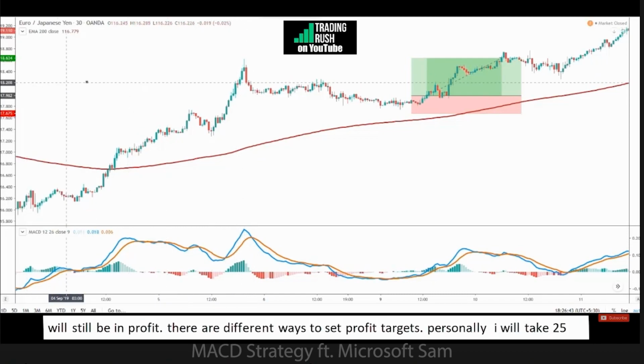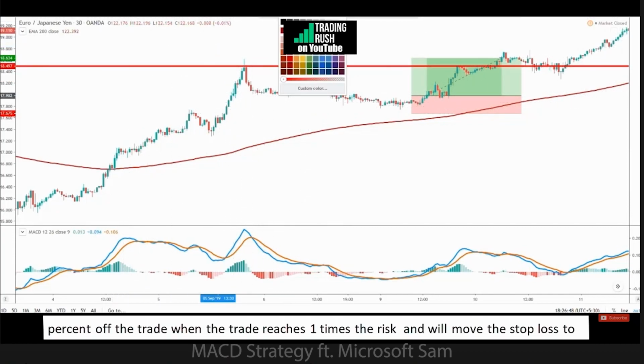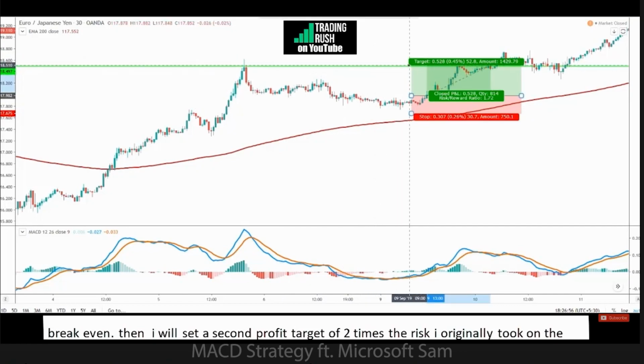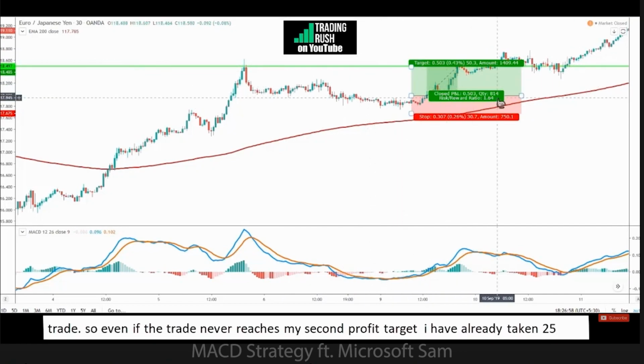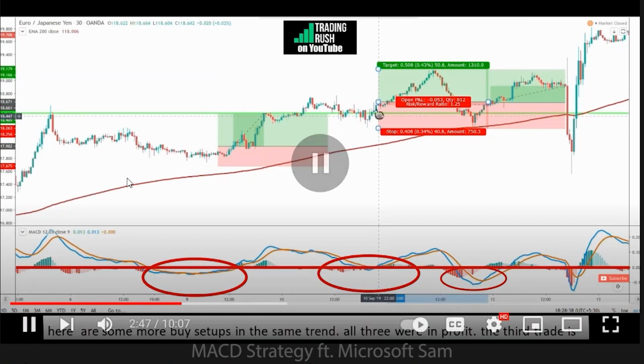There are different ways to set profit targets. Personally, I will take 25% off the trade when the trade reaches 1 times the risk, and will move the stop loss to break even. Then, I will set a second profit target of 2 times the risk I originally took on the trade. So even if the trade never reaches my second profit target, I have already taken 25% off the trade in profit, and will not lose money. Here are some more.